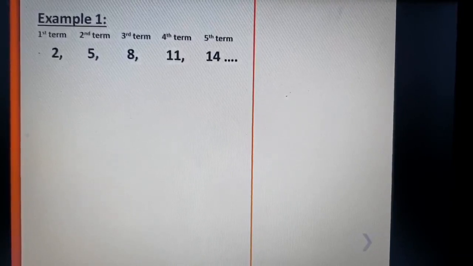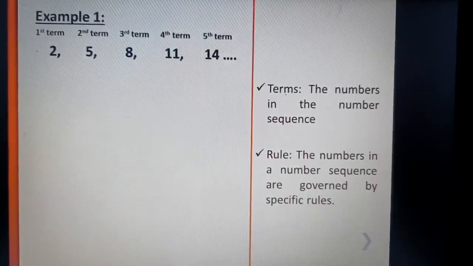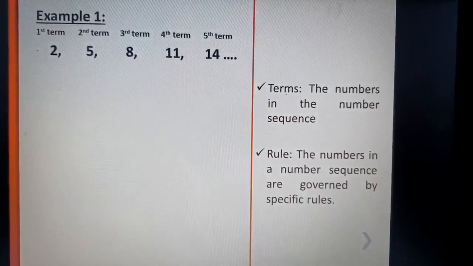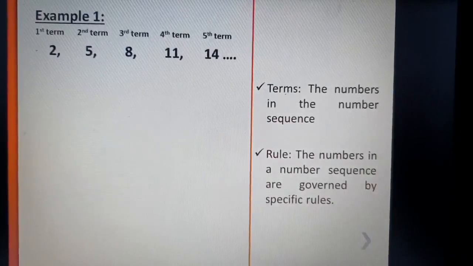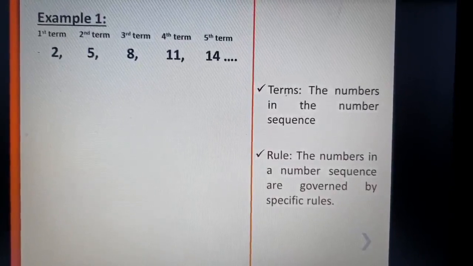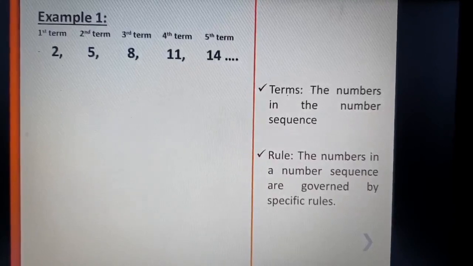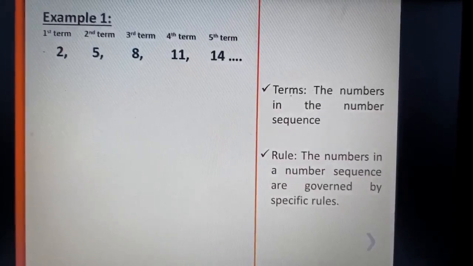Third number is called the third term. That means in a number sequence, a term is any number in a number sequence. So a number in a number sequence is called a term, and according to the position we are calling it first, second, third, etc.